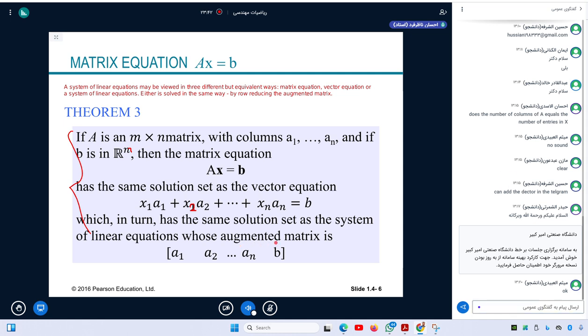If you remember in the first section, we were discussing augmented matrix. Augmented matrix A1, A2, A3, and A4, and this is the right side of the equation B. So all of them are equal. Actually, they have the same solution. Three views of the same thing.